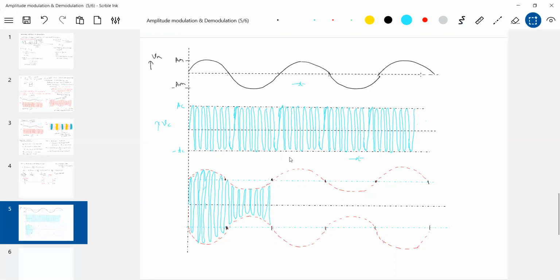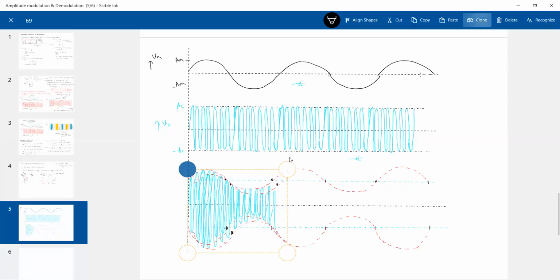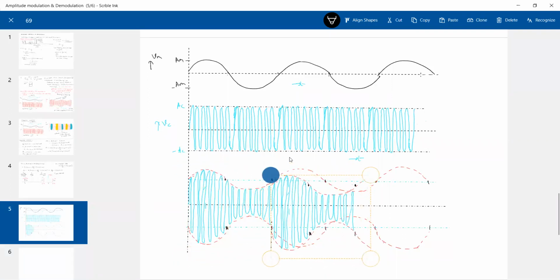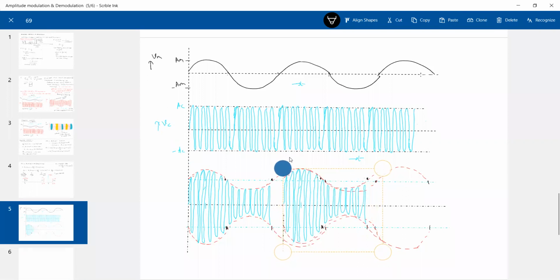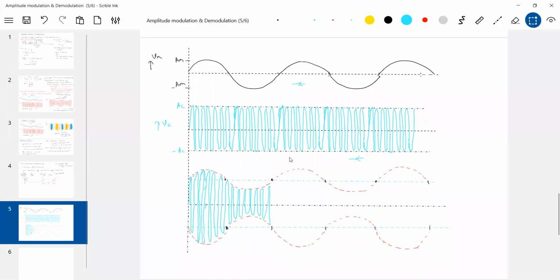I'll try cloning. Not fitting. Okay, better let me draw it.